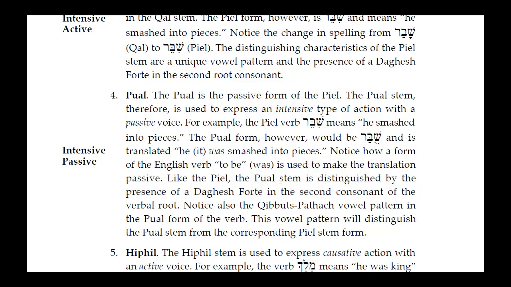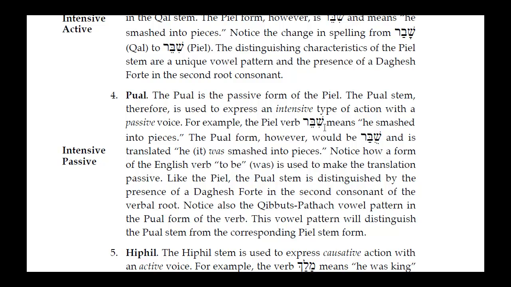Like the Piel, the Pual is distinguished by the presence of a dagesh forte in the bet right here. It has the qibbuts vowel under the first root consonant and a patach as a stem vowel under the bet. Now this vowel pattern will distinguish the Pual stem from the corresponding Piel stem.